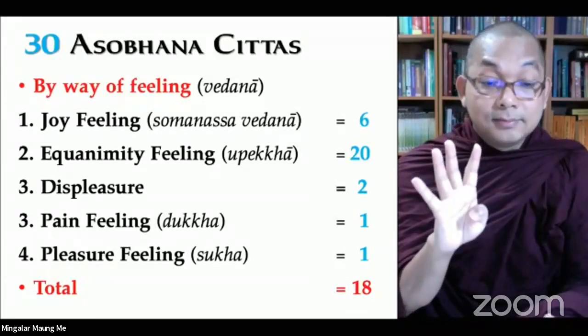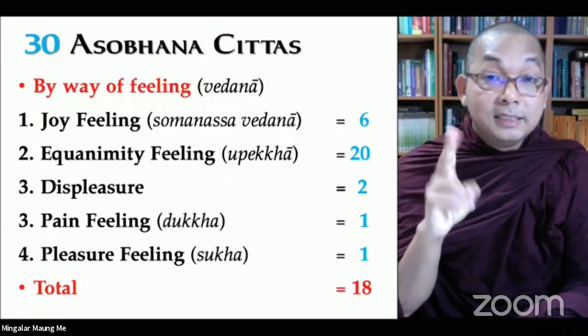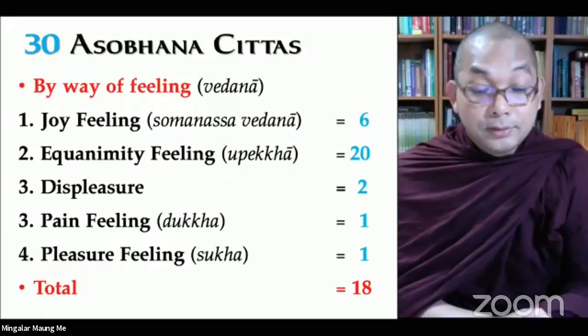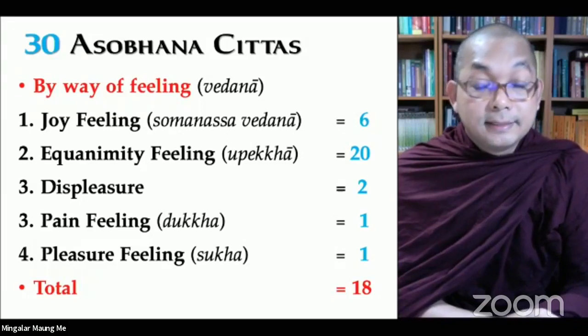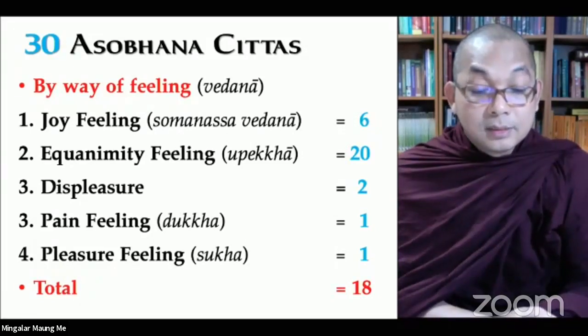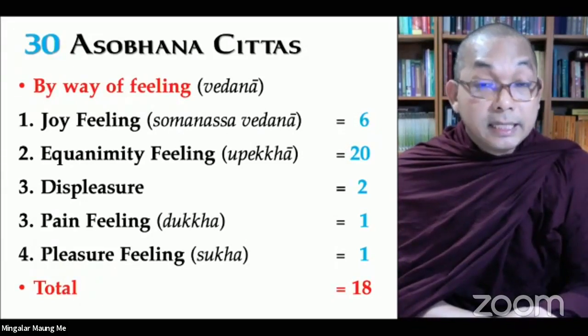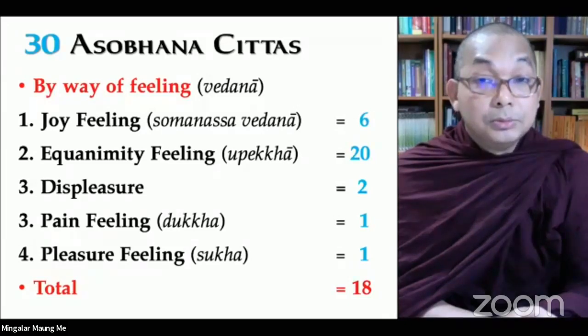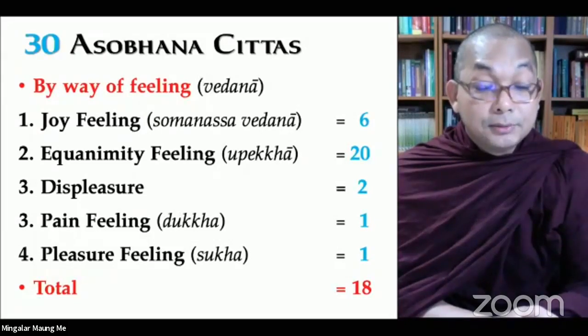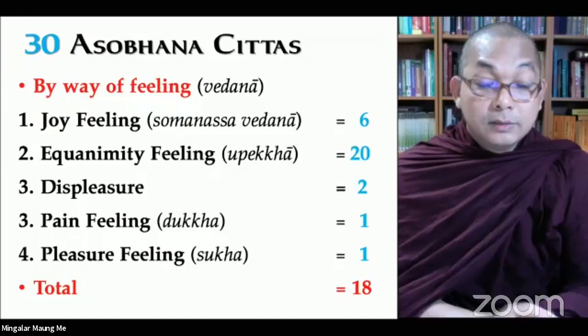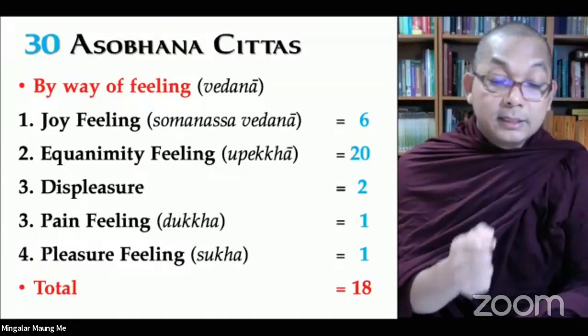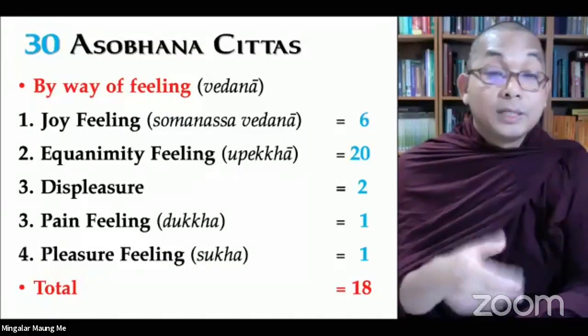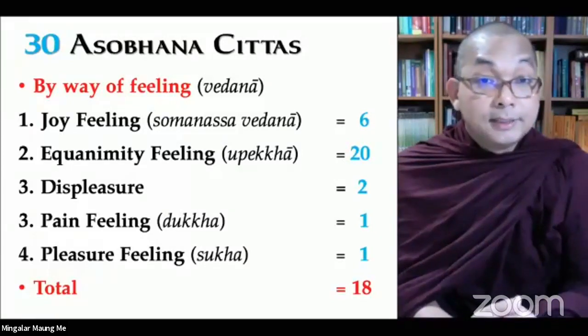But there are 2 joyful feelings in ahetuka chitta. Altogether 6. I will not explain in detail. I think you need to go back and read and try to understand. So here we have 6 joyful feelings. What are the 6? You need to know it.